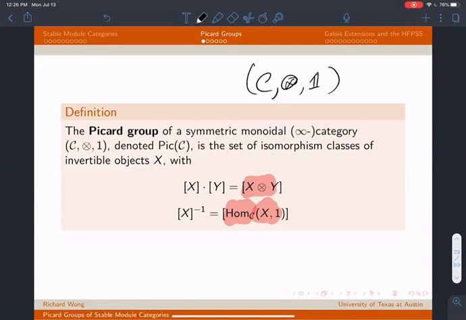Sorry, what do you mean that, like, the Hom, right? Isn't that just a set? The Homs? So I guess maybe your category is enriched over something that makes sense.